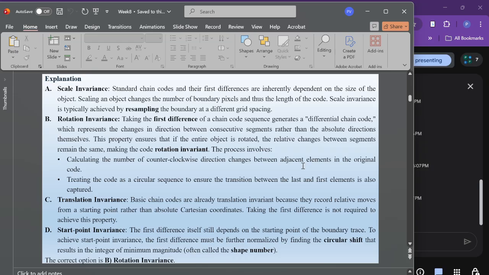Okay. So the first difference represents a change in direction between consecutive segments rather than the absolute directions themselves.